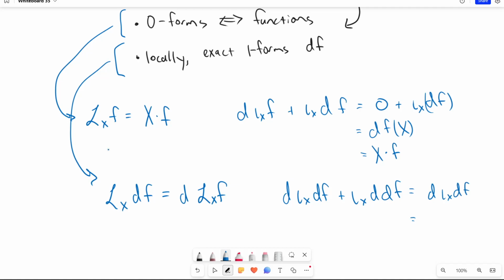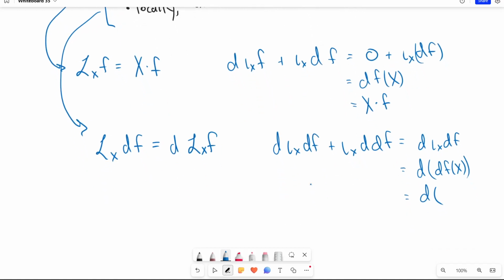What is this? This is d of df of X, which is d of X dot f, which we can write as d of the Lie derivative applied to f. So we also get the same thing.